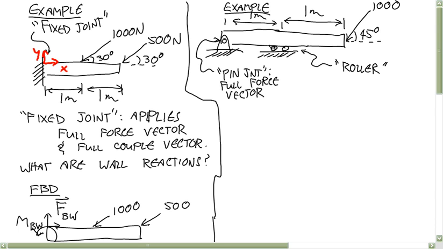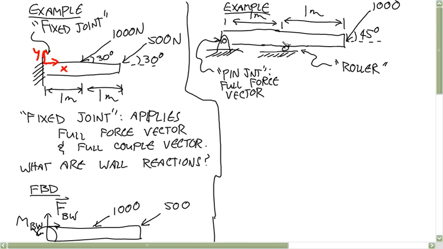And this roller, if this joint wasn't here, it would allow rotation. You can just think of it as a single point of contact, even though they'll often be drawn with multiple wheels. And at that single contact, this body would be allowed to rotate, right? So it's not going to apply a couple.